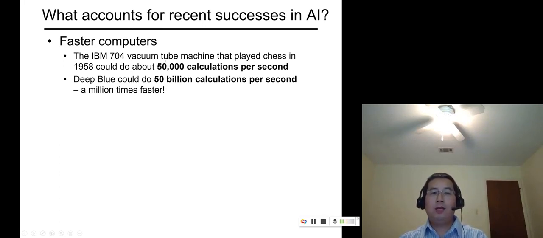It could do 50,000 calculations per second. At that time, it was already very powerful. But Deep Blue, 2007, correct? Deep Blue could do 50 billion calculations per second. So it's 1 million times faster. Now even more, maybe another million times faster than this one. Okay.